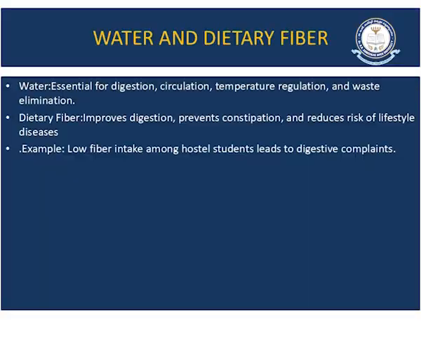Coming to minerals, they are essential for bone formation, oxygen transport and enzymatic activity. For example, iron for hemoglobin synthesis, calcium for bone strength, iodine for thyroid function. According to ICMR and WHO, micronutrient deficiencies, particularly iron and vitamin B12, are common even among educated populations.